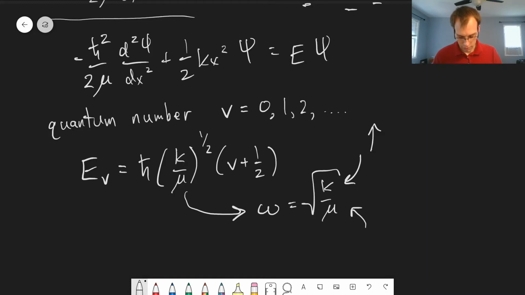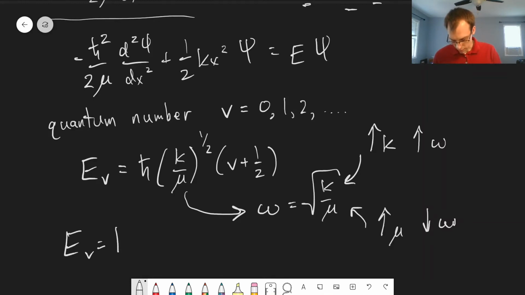Whereas if we increase mu, that leads to a lower value of omega, since it's in the denominator. Okay, and so this is often written as h bar omega times v plus 1/2.